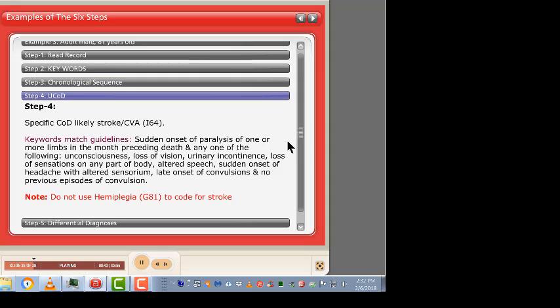Step 4. COD likely stroke, CVA, ICD I64. Keywords match guidelines.